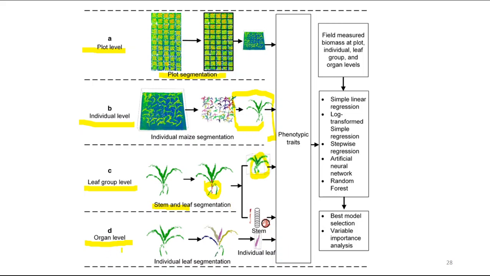In the organ level, for instance, here is a stem, and we can get more detail by analyzing just an individual, specific leaf. This way we can get very good information on the leaf.